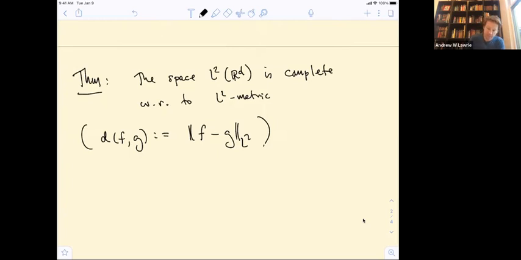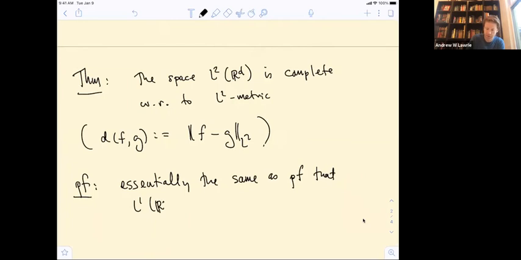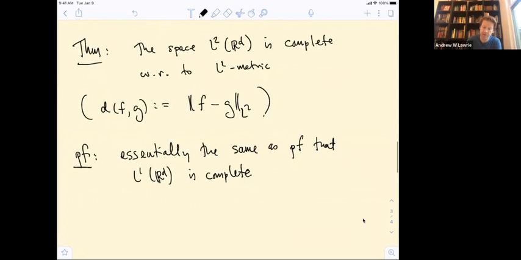This is the metric, and the proof is essentially the same as the proof that L1 is complete. There's no real essential difference to these proofs. It follows the same train of ideas, so you can refer back to that proof for the completeness.